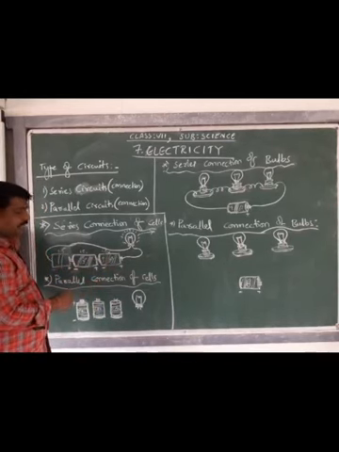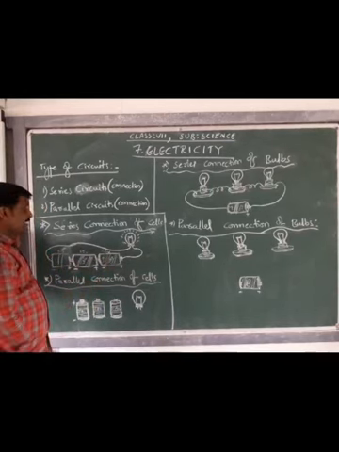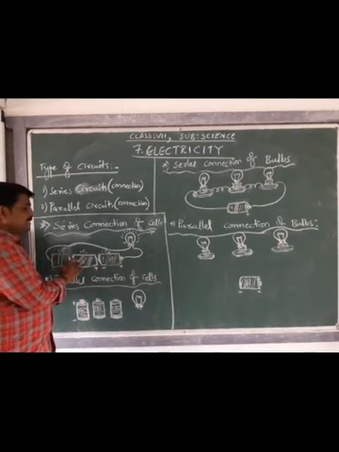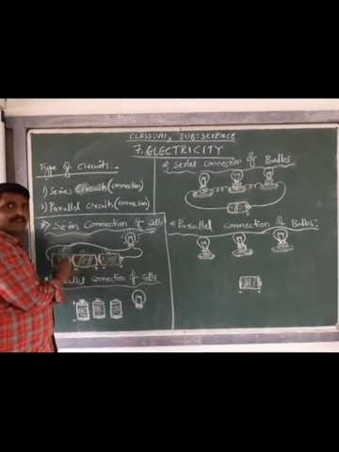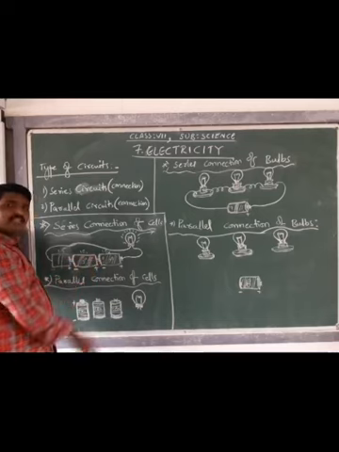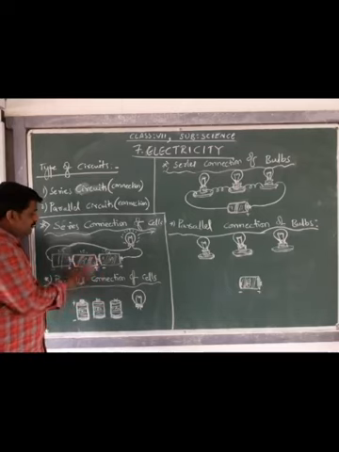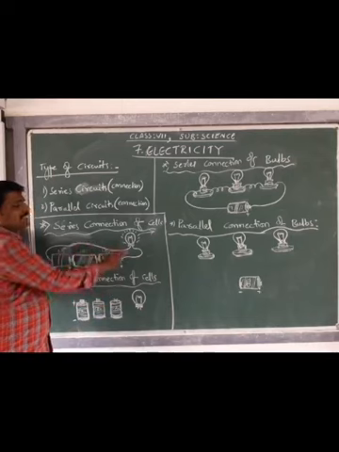This is one advantage. The disadvantage is that if any one of these three cells has failed or is dead, the circuit will be open.